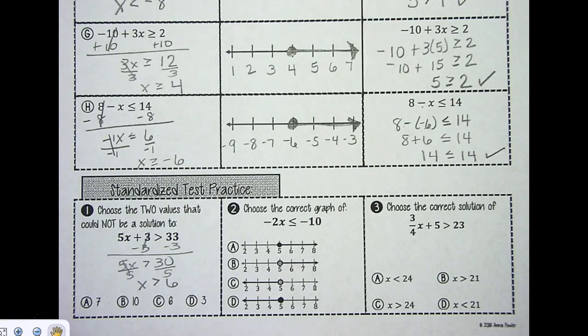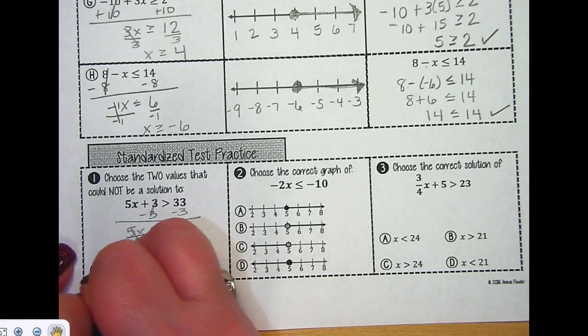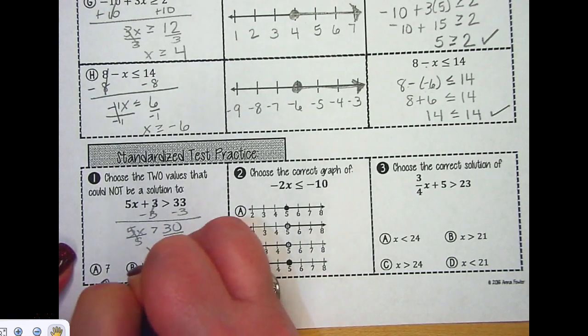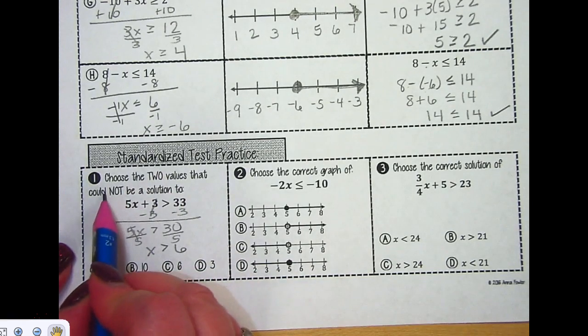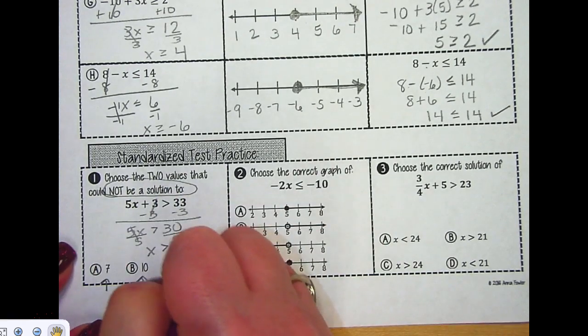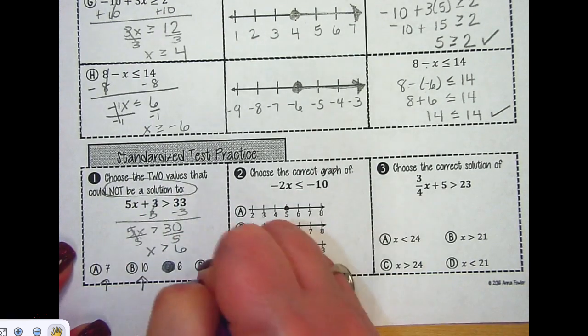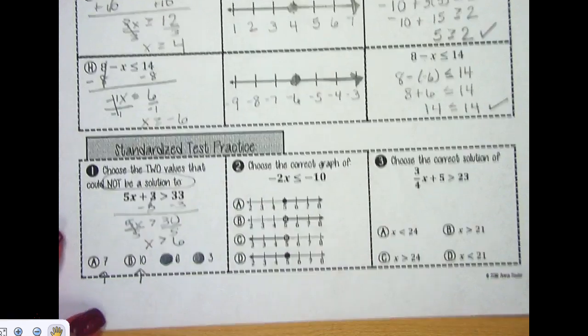So x would be 7, and x could be 10. What could x not be? 6 and 3, and that's what we want, the ones that are not a solution. So we have to choose C, and we have to choose D. Does that make sense?